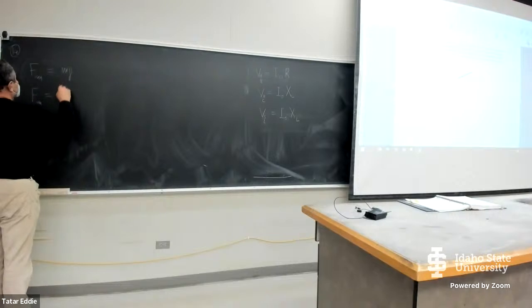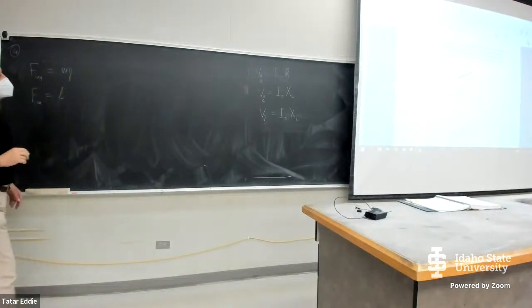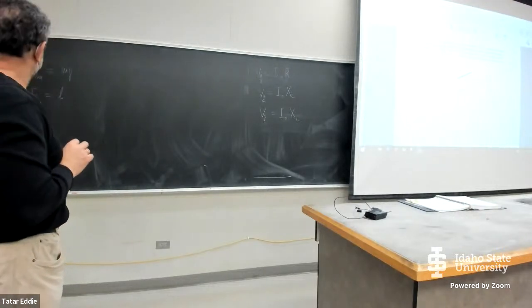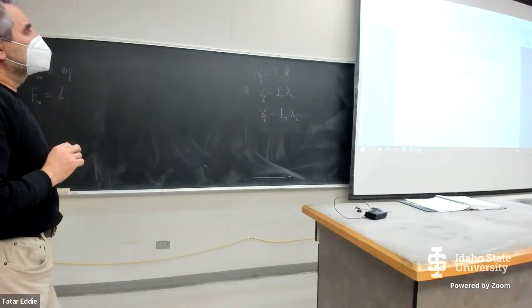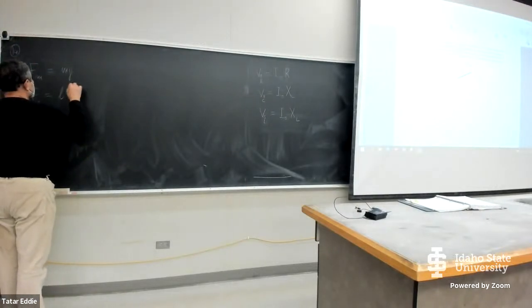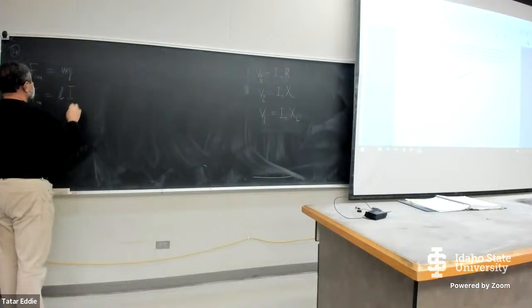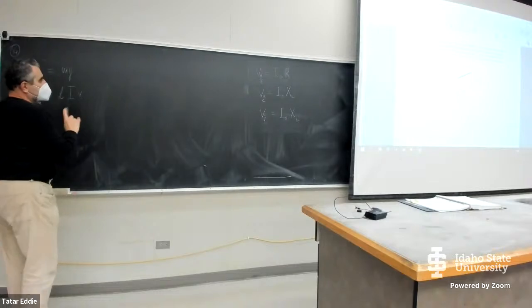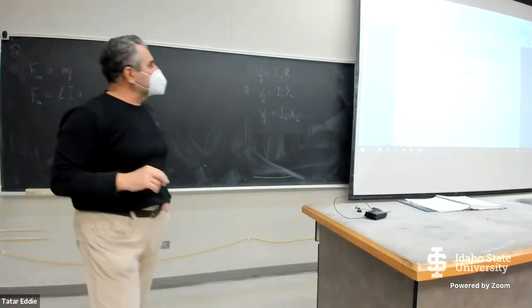The length of the rod multiplied by, well, here you don't have a current, so you have to induce this current. So it's probably multiplied by the induced current in this rod, multiplied by the magnetic field B, and there is a factor cosine.